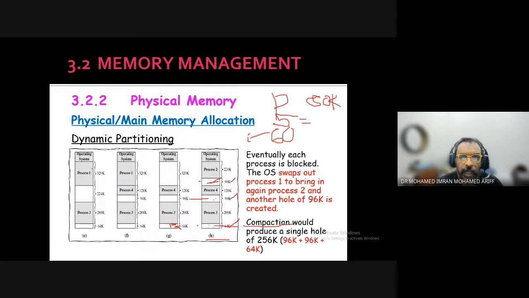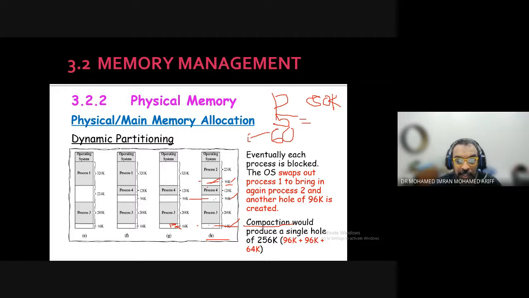Okay, so if the process is now 80 kilobyte, kalau kita guna teknik first fit, that means dia akan check from top to bottom. Ruangan kosong yang pertama dijumpa, dia akan masukkan. So 96, so that is the first one. So in first fit algorithm, 80 kilobytes will go inside.